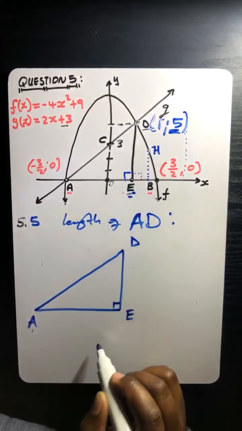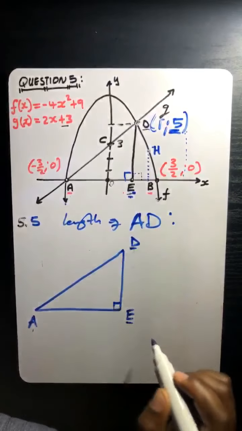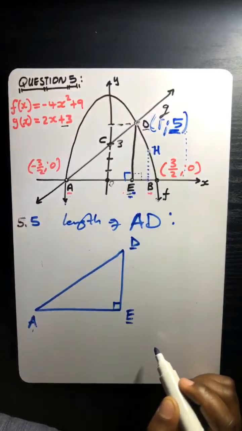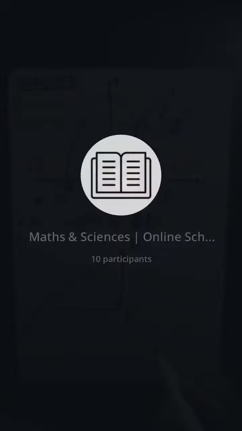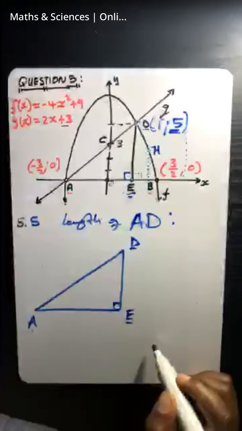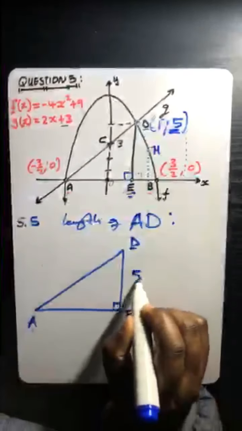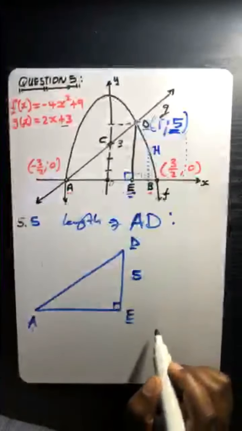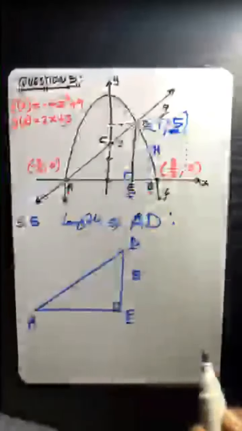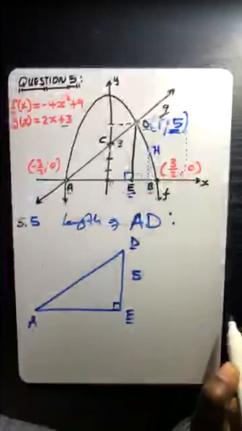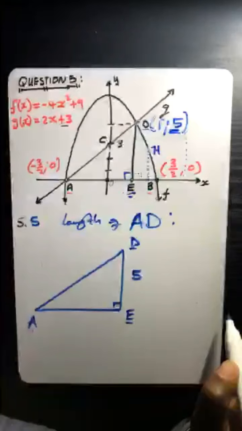Here comes the question. Do we have the length of DE? Yes, sir. It's 5. Do we have the length of AE? Yes, we do, sir.